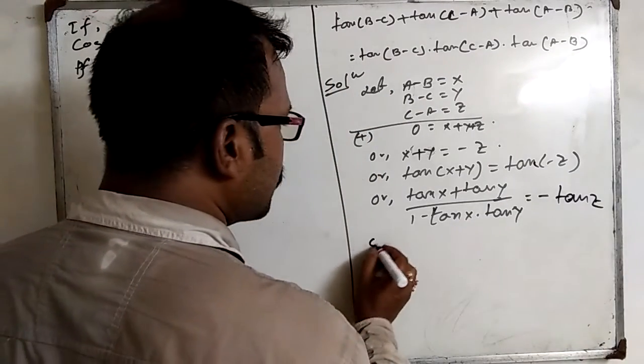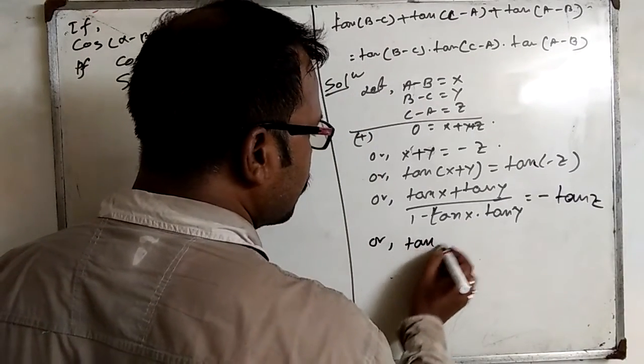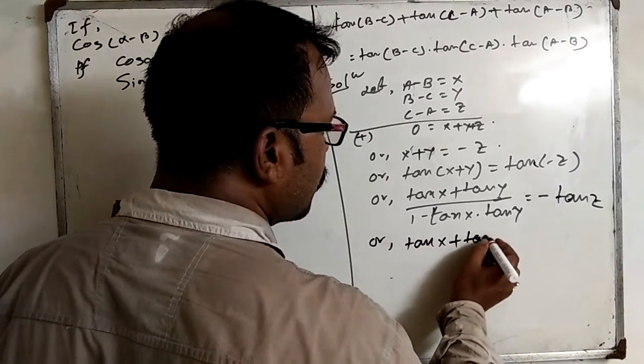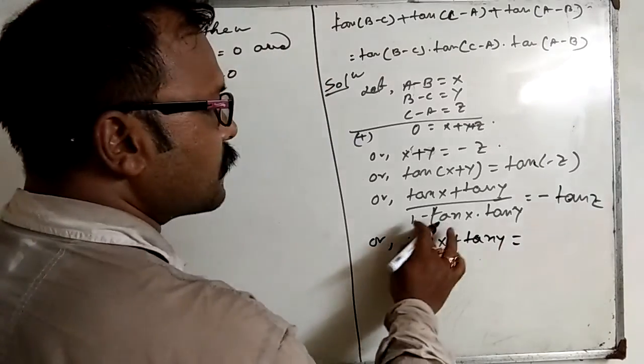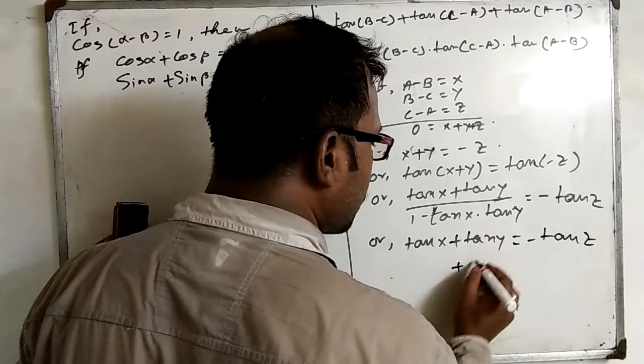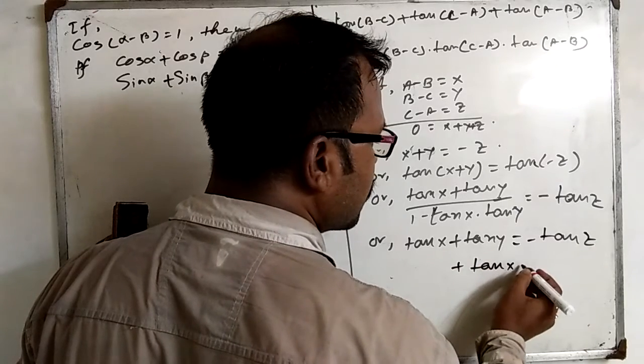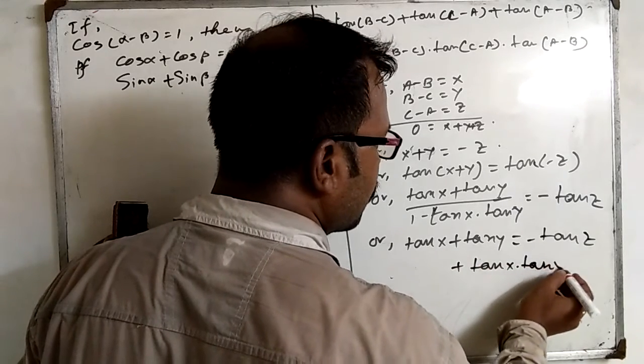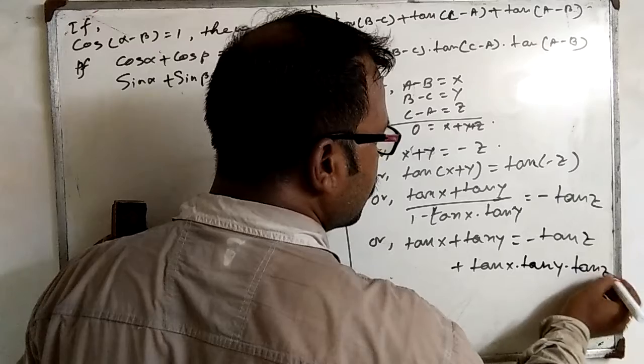So multiply crosswise, we get tan x plus tan y equals minus tan z plus tan x into tan y into tan z.